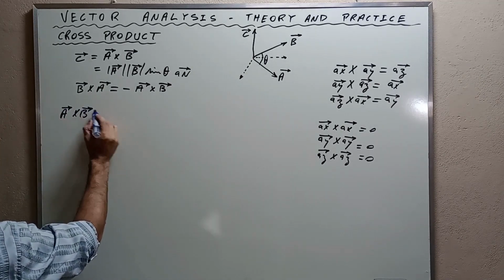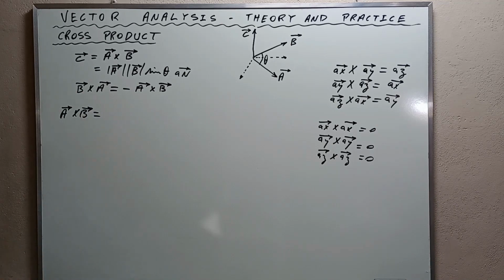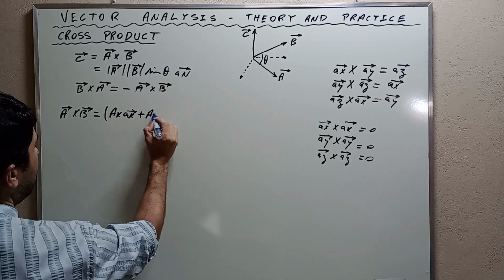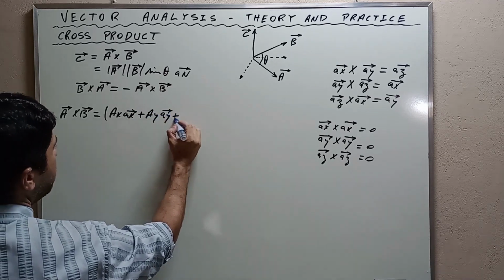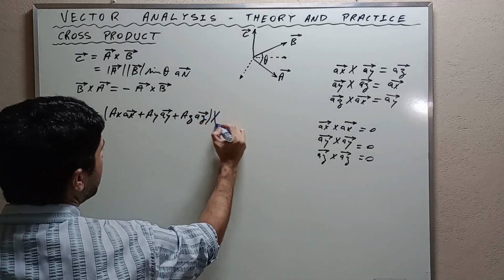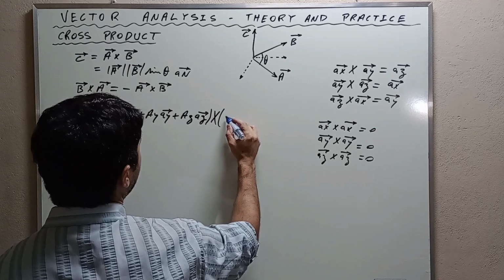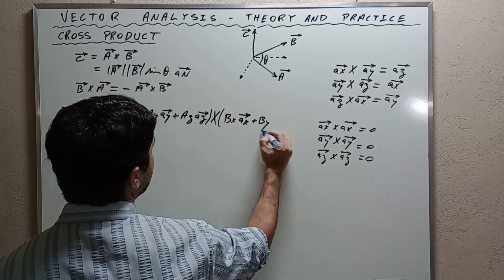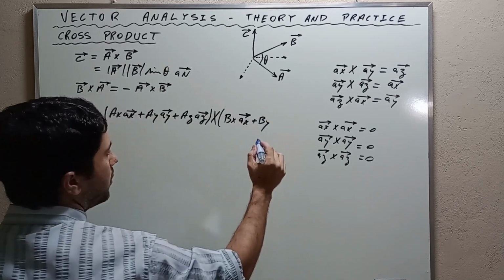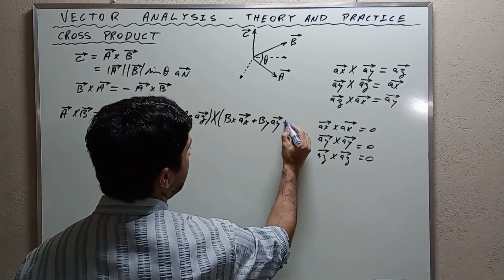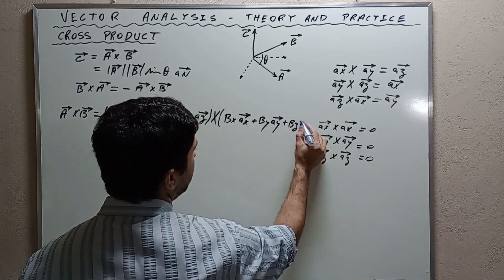And in this manner, if we compute A cross B using Cartesian unit vectors, AX in the x direction plus AY in the y direction plus AZ in the z direction, in a cross product with BX in the x direction, BY in the y direction, plus BZ in the z direction.